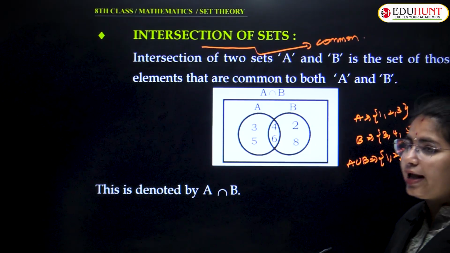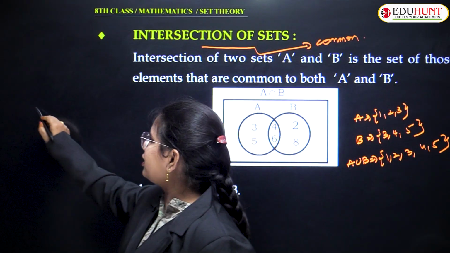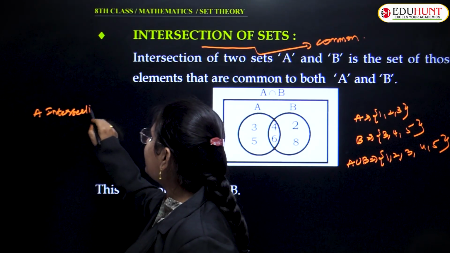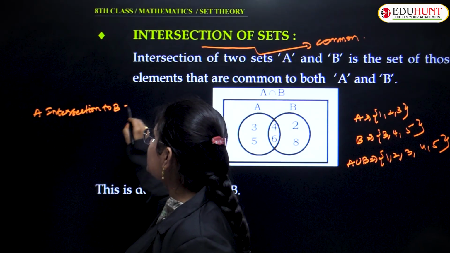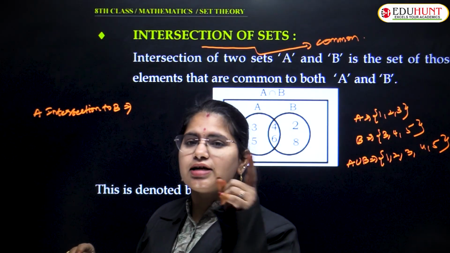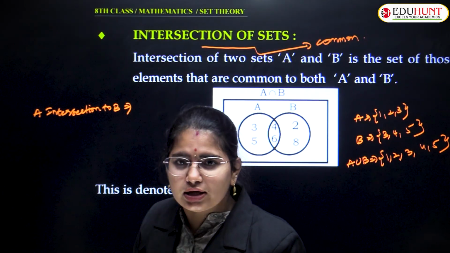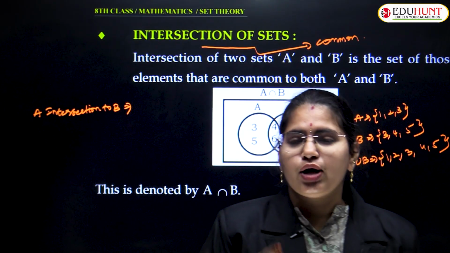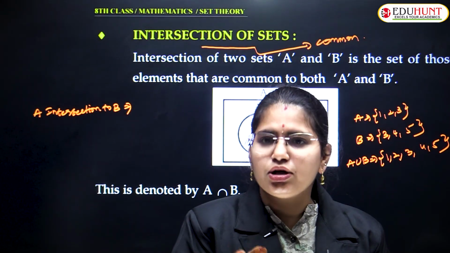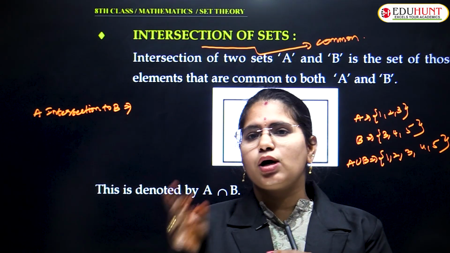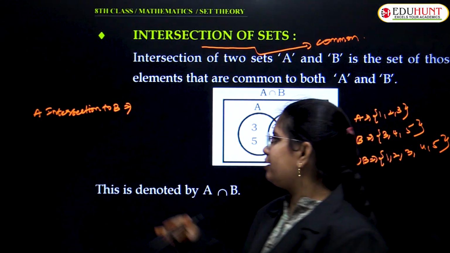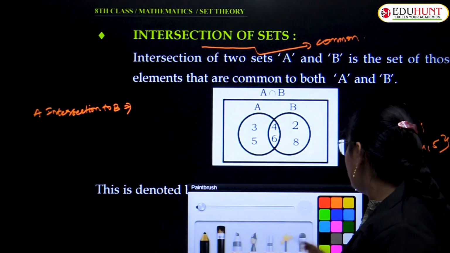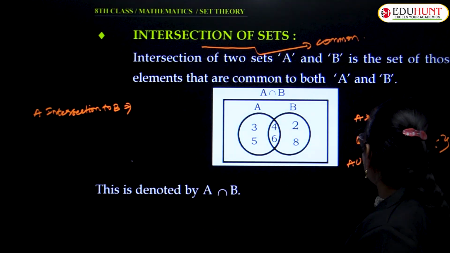But if it is A intersection B, what are we going to discuss now? A intersection B means you will write only the common elements. If you find any common elements among the two sets, you will express them one time. So if I consider the same example, we have 3 as the common element.